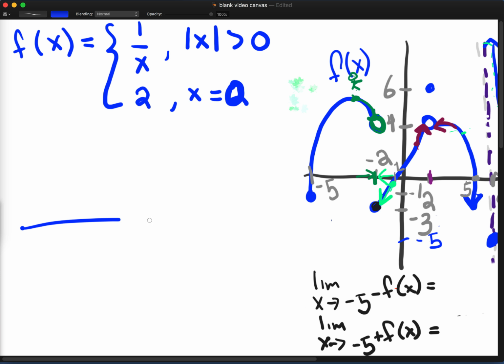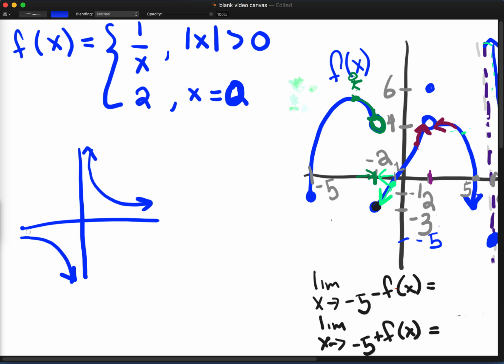f of x equals 1 over x, and let's say 2 at 0. What does that look like? That function is 1 over x when x is not equal to 0, meaning when x is greater than 0 or less than 0. So what does that look like? Well, that looks like this, just your basic rational function.